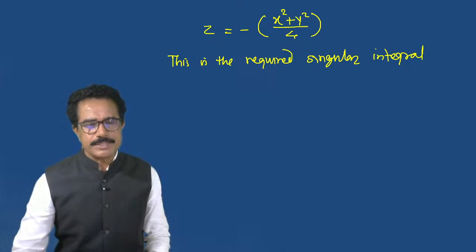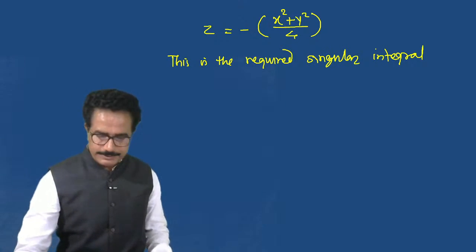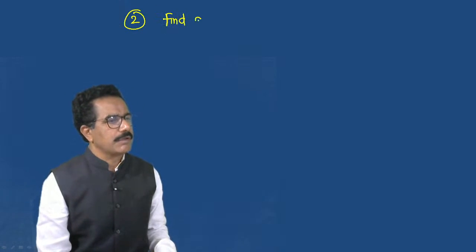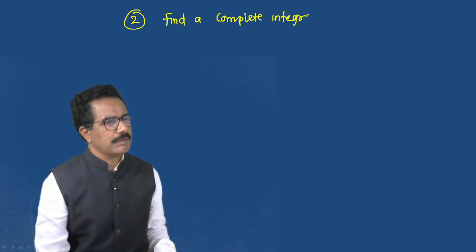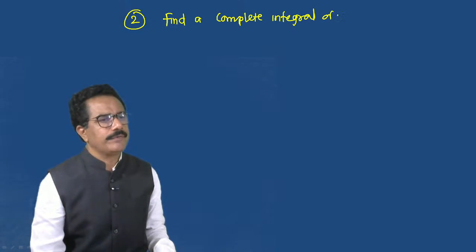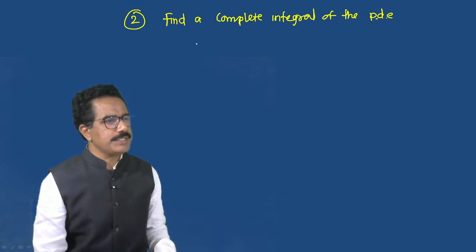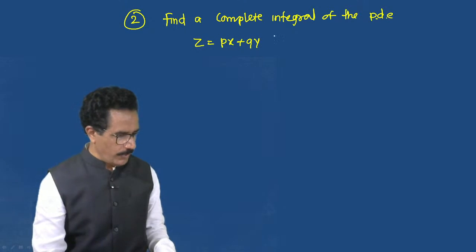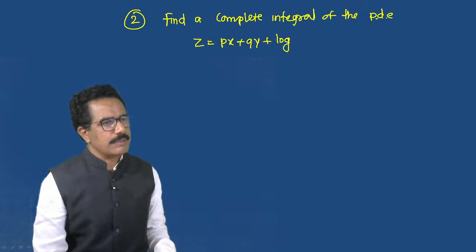What is that second problem here? One minute. Second problem. Find a complete integral of the PDE z is equal to px plus qy plus log of p into q.